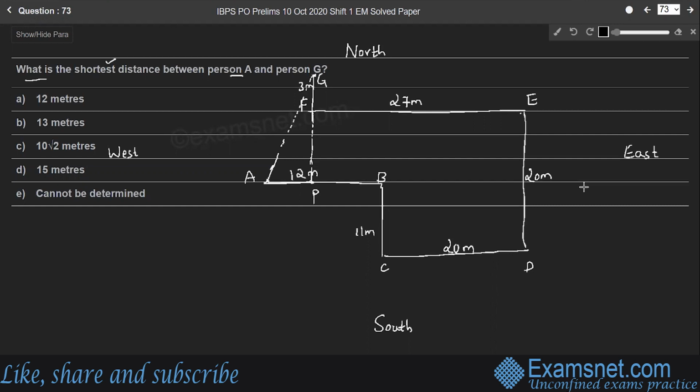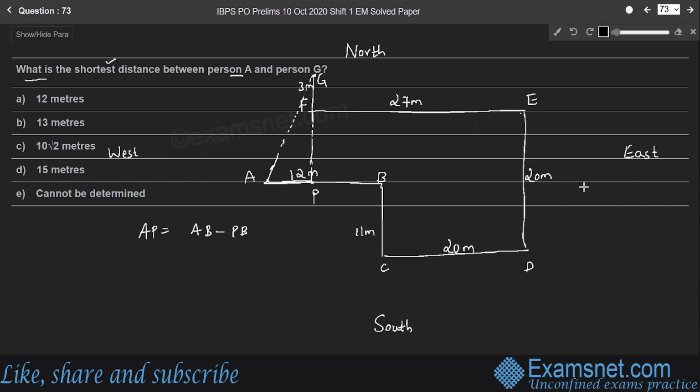Before that, what is AP? AP is equal to AB minus PB, right? So what is AB? AB distance is 12 meter. What is PB then?